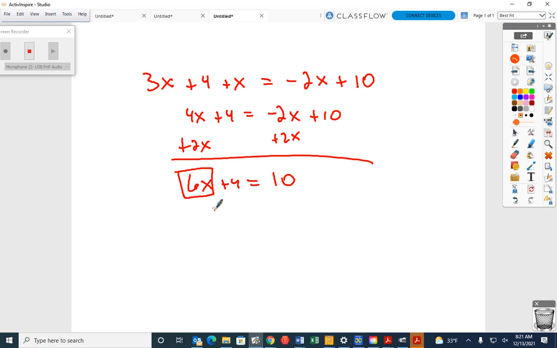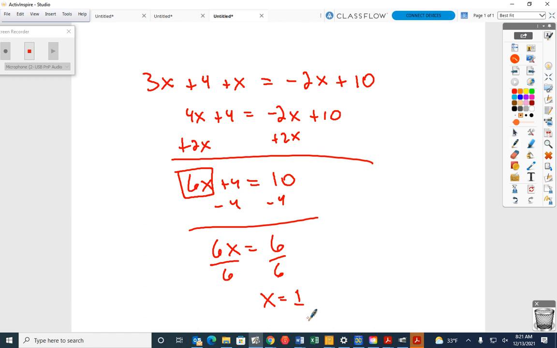I subtract 4. I subtract 4. Then I have 6x equals 6, right, Kemper? Okay. Divide each side by what? 6. So what does x equal? What's 6 divided by 6? 1. Okay. And if I go back and plug in that 1, would it work? What are these called? These are multi-step equations.